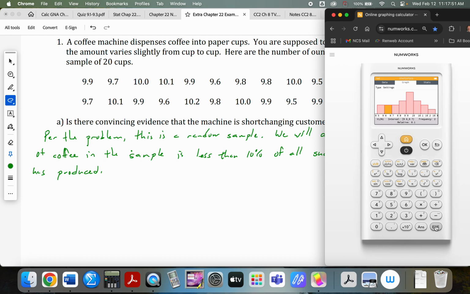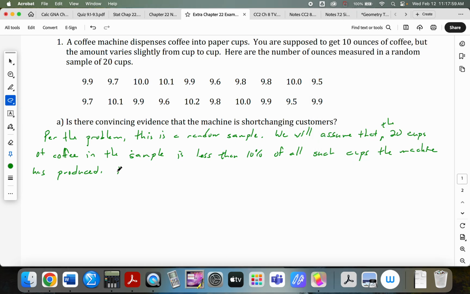But anyway, in the interest of time, and I'm sorry I took up so much time doing that, we'll say that the histogram of the sample is free of skewness or outliers.